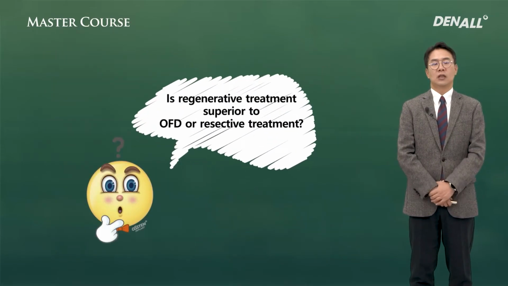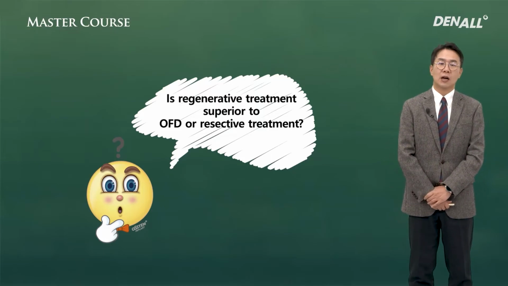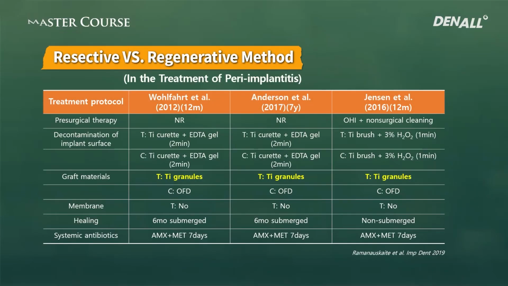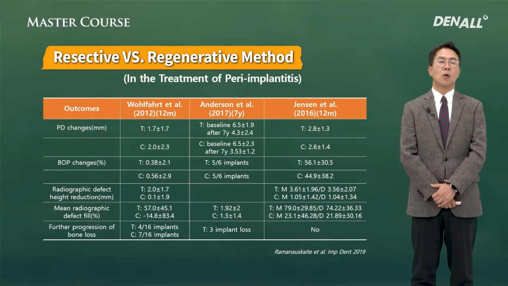You may think that regenerative therapy is better than resective or open flap surgery. I wanted to look at some literature to check which was better. There is not a lot of literature that directly makes comparisons. I found one such study, and in that study, titanium granule, which is a special bone graft material, was used.